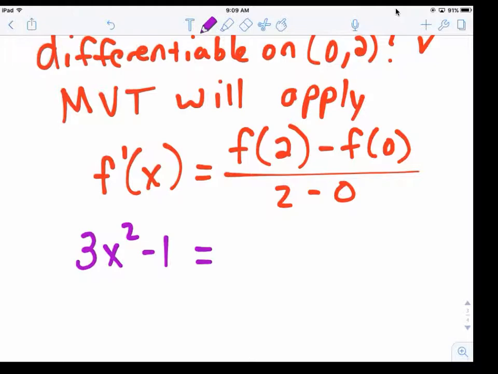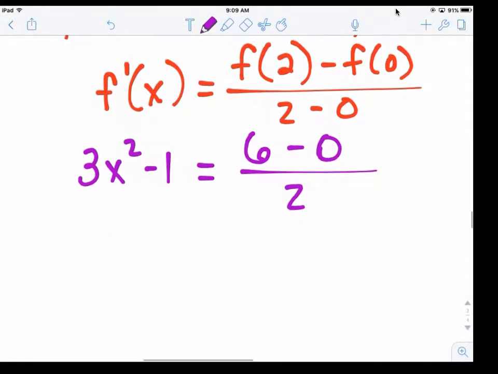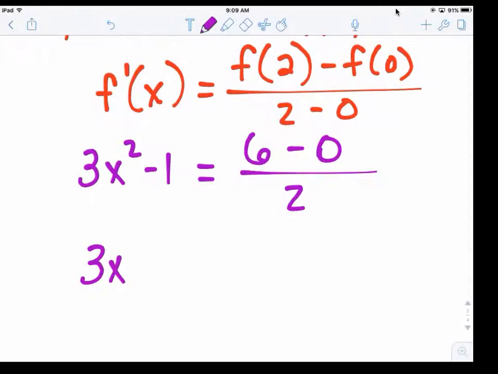So f of 2, yep. If I plug in 2, I get 8 minus 2, which is 6, minus 0. F of 0 is 0, over 2 minus 0, which is 2. So we're trying to see where exactly does 3x squared minus 1 equal 3. 3, right? Yeah, 3.